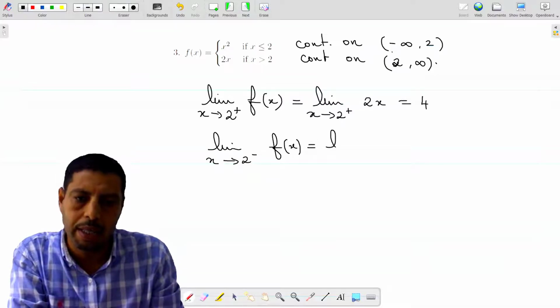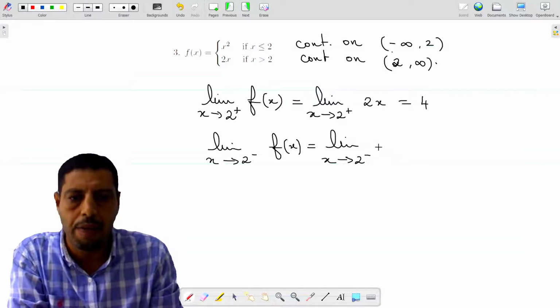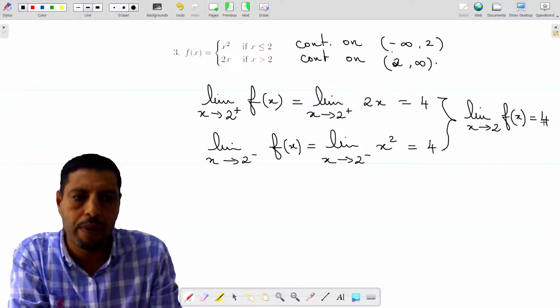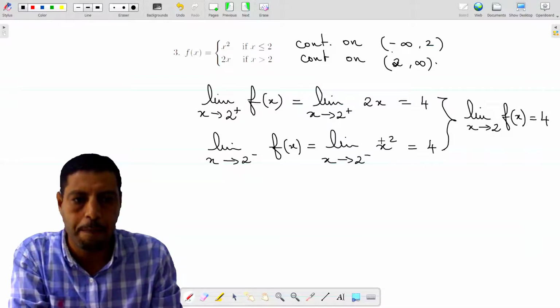So it's the limit as x approaches 2 minus of x squared. And again here, if you replace x by 2, you're going to find 4. What do you conclude? You conclude that the limit as x approaches 2 is 4 because you found the same value for the left and the right side, okay?